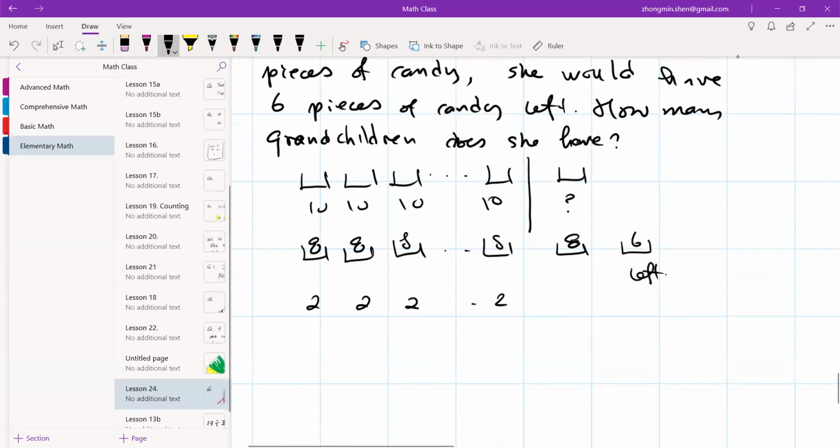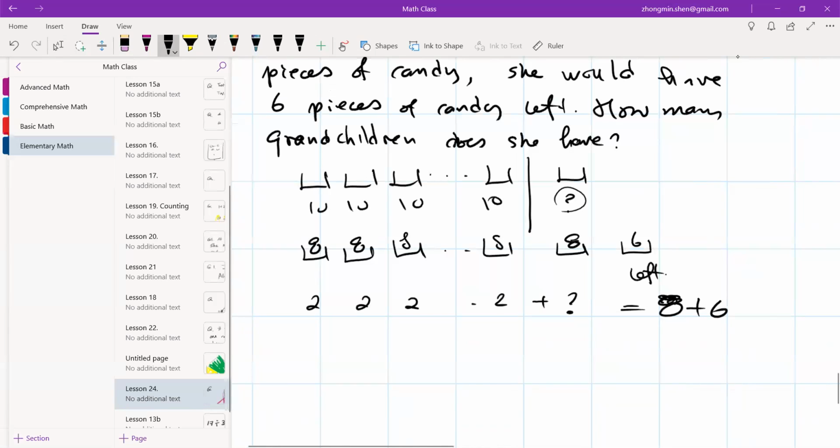And this is a strange number, right? We don't know. So how many candies are left is actually the 2s plus the question mark number. That's supposed to be 8 plus 6, right? Total. That's the idea.